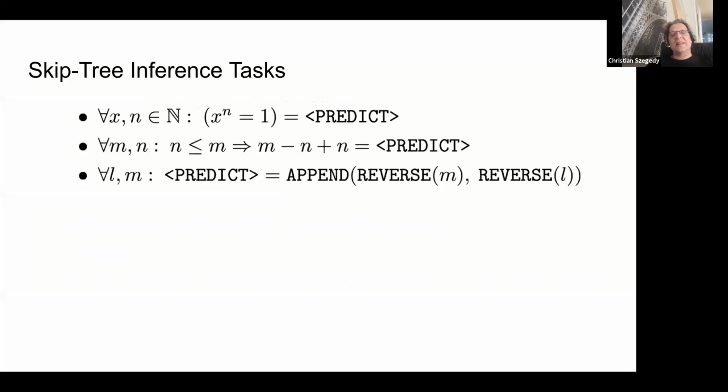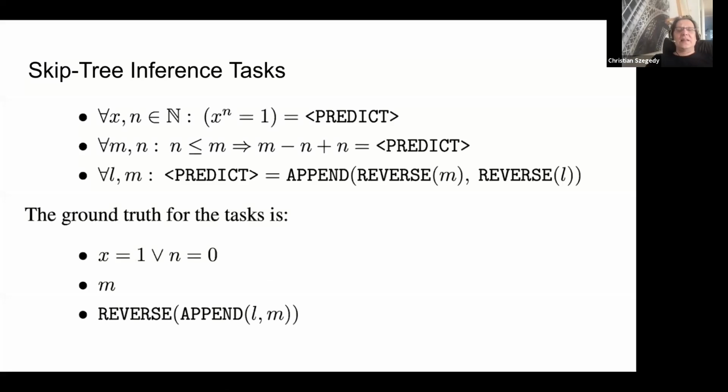Another interesting task that you can formulate as a skip tree task is predicting the right-hand side of an equation. For example, if you have this on the left-hand side, what is the right-hand side? Or vice versa. But typically the right-hand side is more interesting because humans write in that order. Another interesting task is to predict the type of certain subformulas.